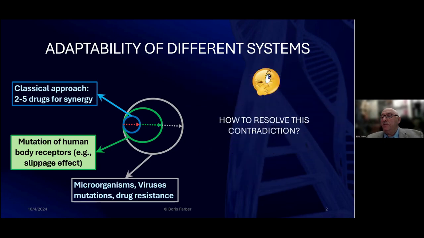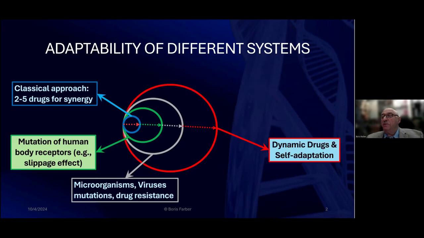How can this problem be resolved? Actually, our goal is a red circle, which shows the variability and adaptability of our proposed dynamic drugs with self-adaptation capabilities.